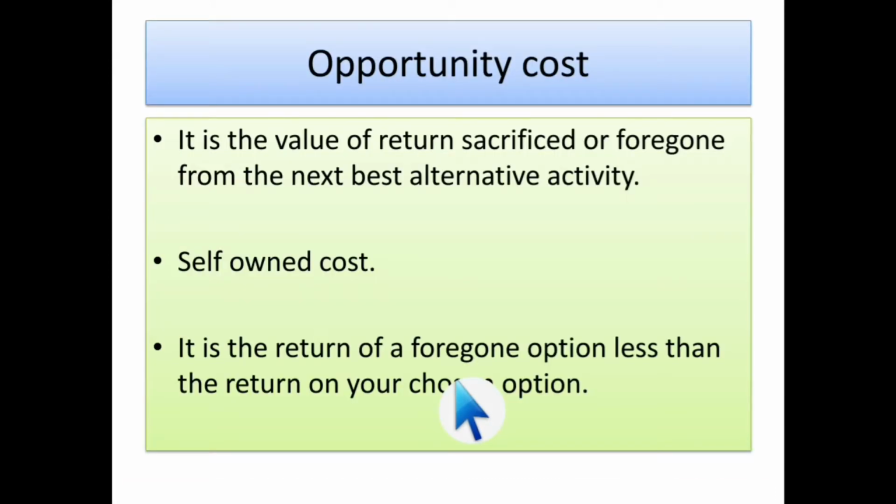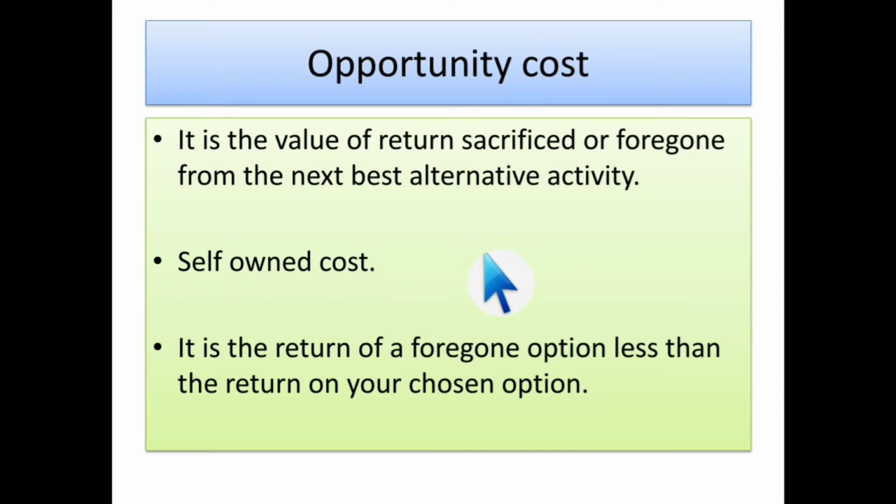Okay. Next one is opportunity cost, which is a very important question for any competitive exam, your JRF exam, SRF exam. See, it is the value of the return sacrificed or foregone from the next best alternative. This word is most important: next best alternative activity. Suppose you have 4 options and you have chosen one.